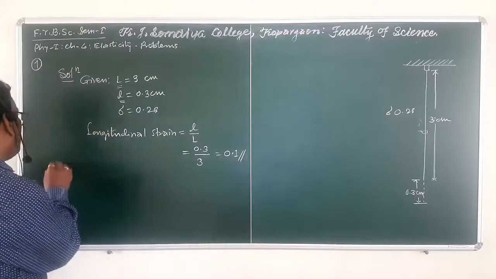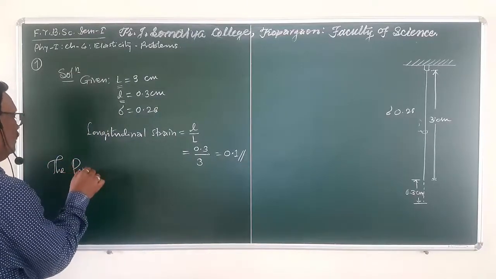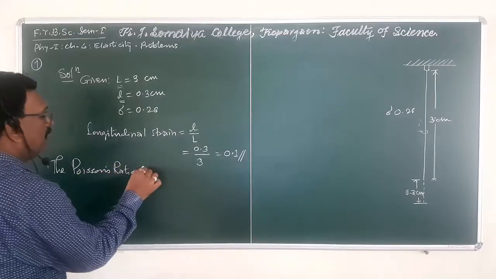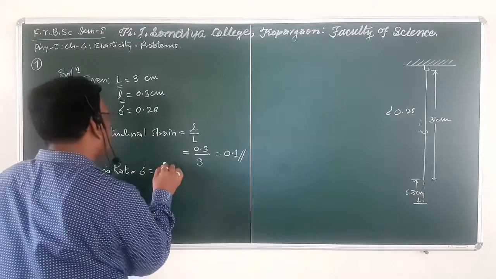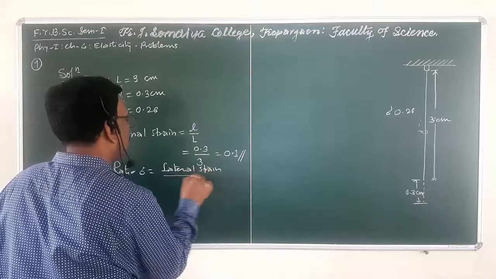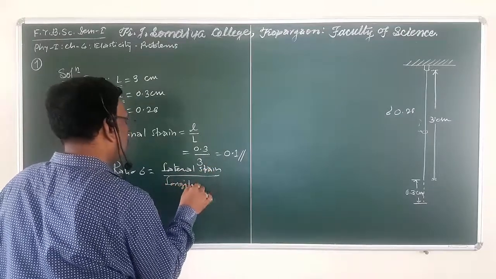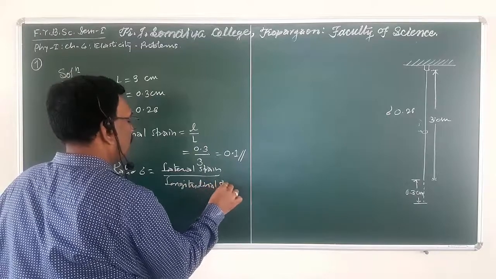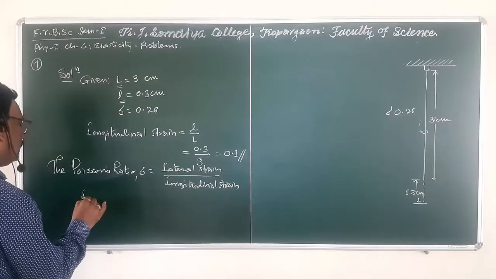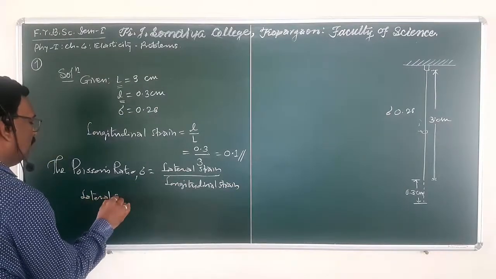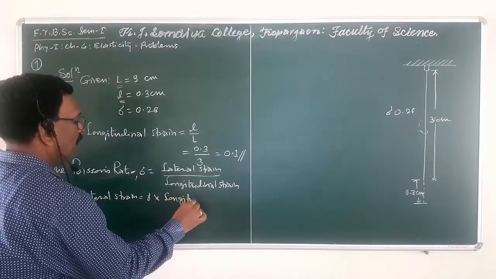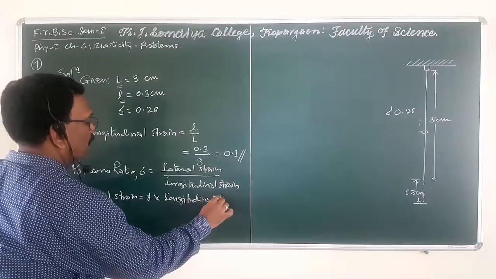Okay. Now the Poisson's ratio sigma is equal to, what is the formula again? It is the ratio of lateral strain to longitudinal strain. Then from this we have lateral strain equal to sigma into longitudinal strain.